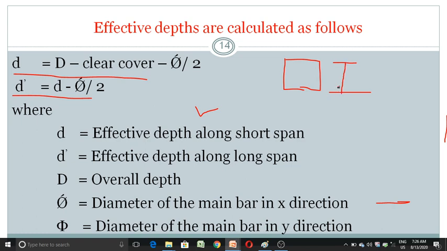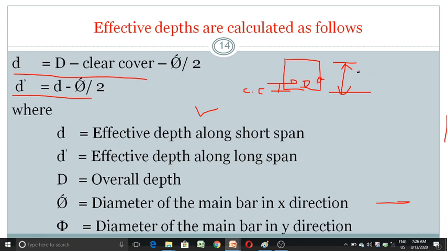This is the overall depth, and here we are providing reinforcement. This will give me a cover, a clear cover. Clear cover means the distance between the bottom of the slab to the bottom of the steel reinforcement, right? And here I will enlarge the reinforcement bars, please excuse me, and this is the half of the diameter.